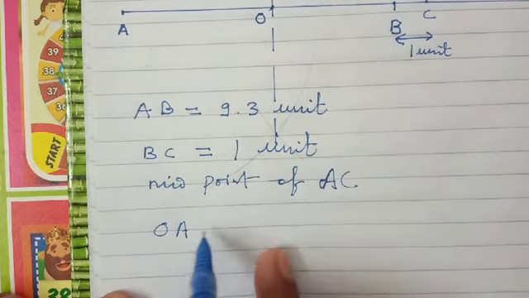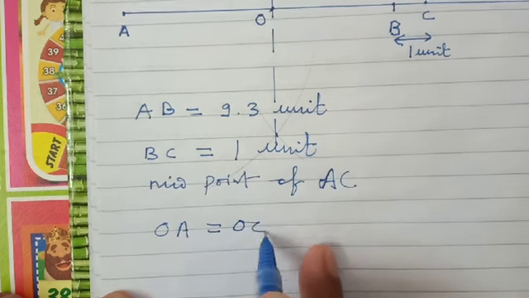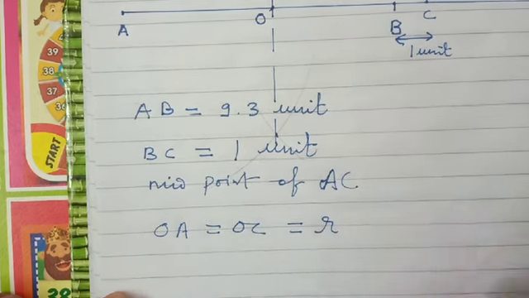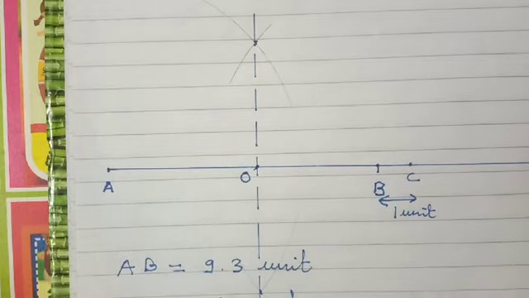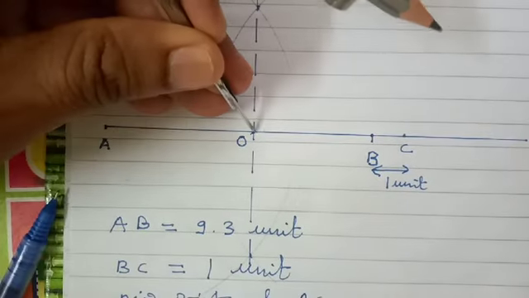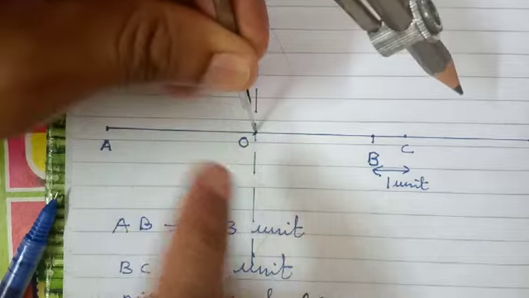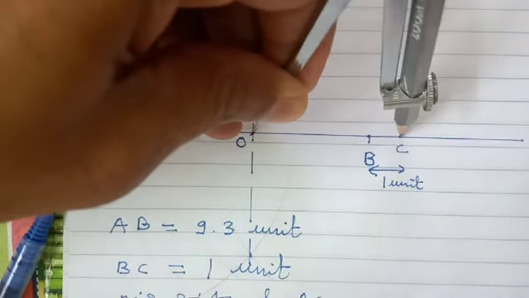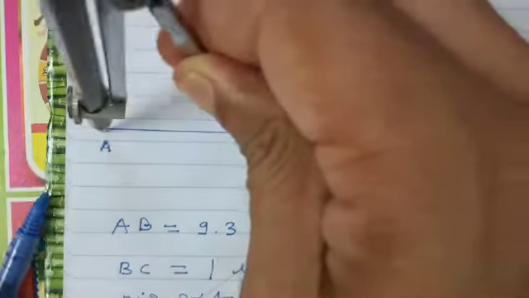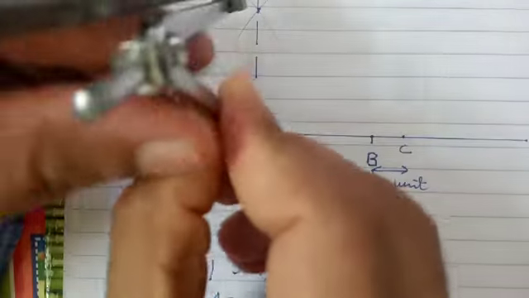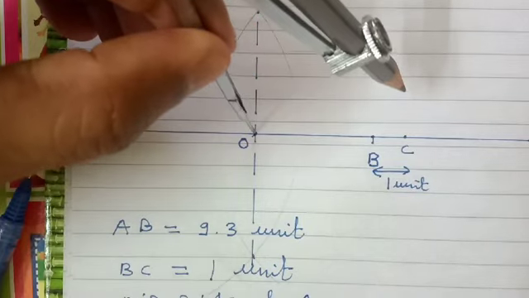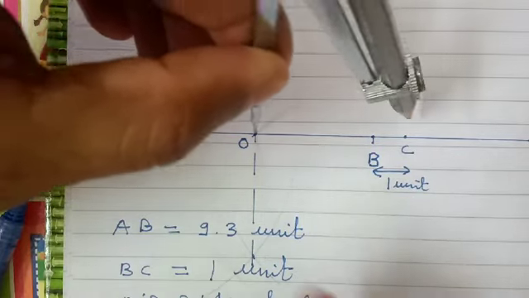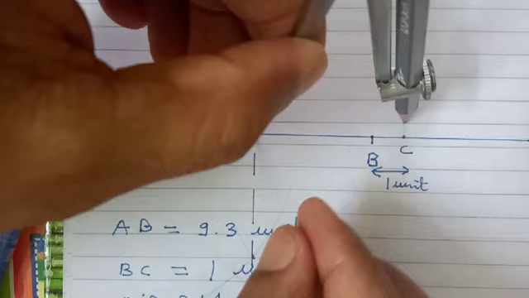Now take O as a center and OA, which is equal to OC, as a radius. Take O as a center and OC or OA as a radius and make a semicircle.